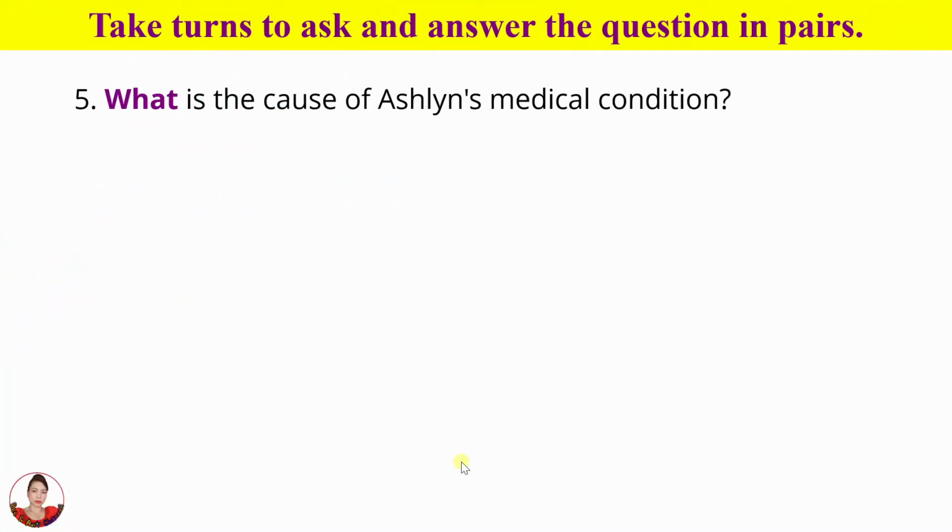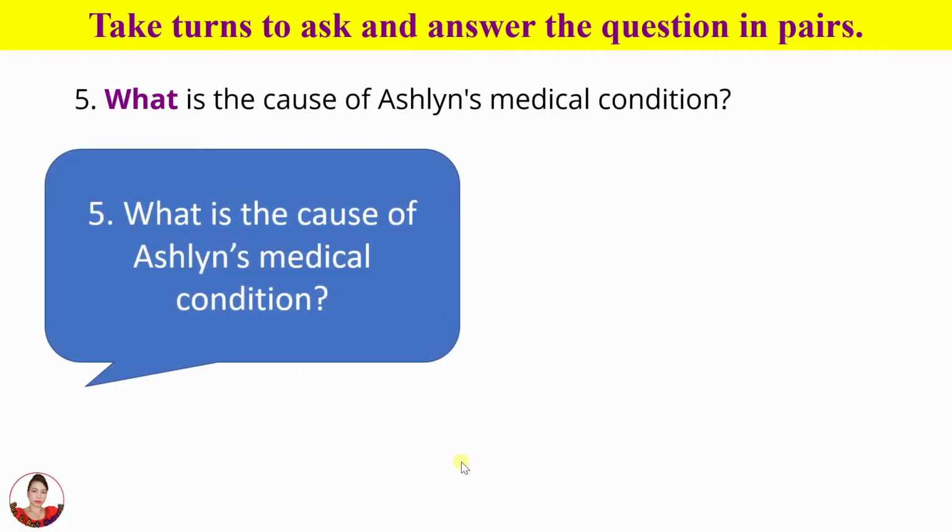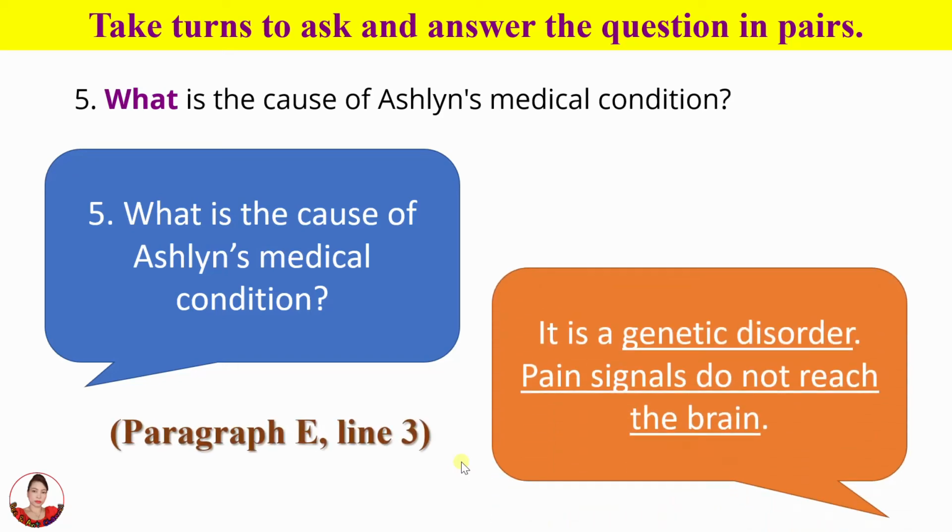And number 5, what is the cause of Ashlyn's medical condition? It is a genetic disorder. Pain signals do not reach the brain. In paragraph E, line 3.